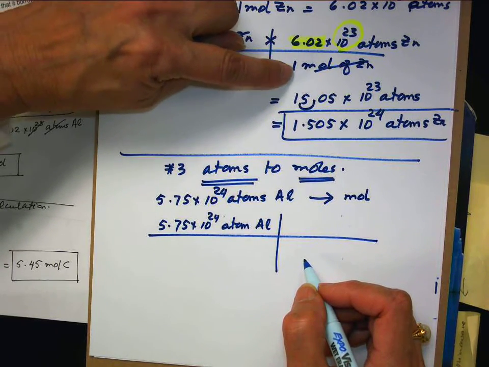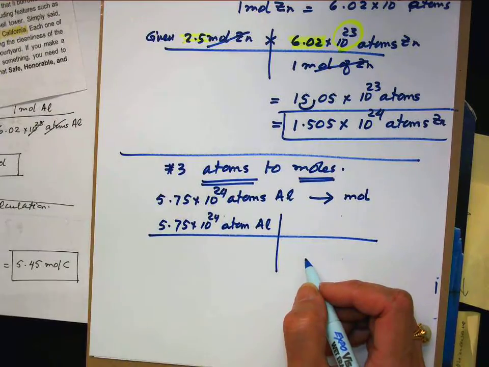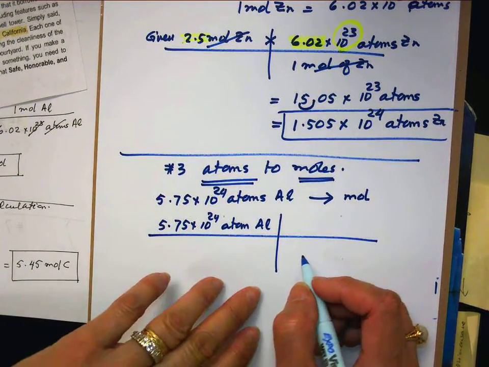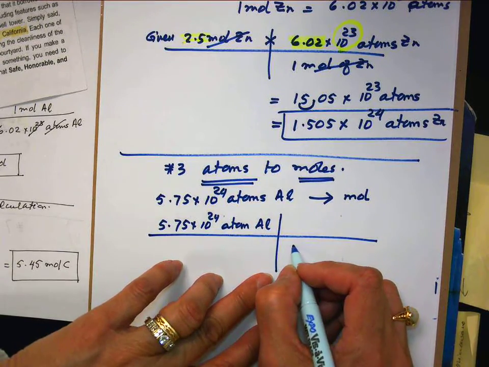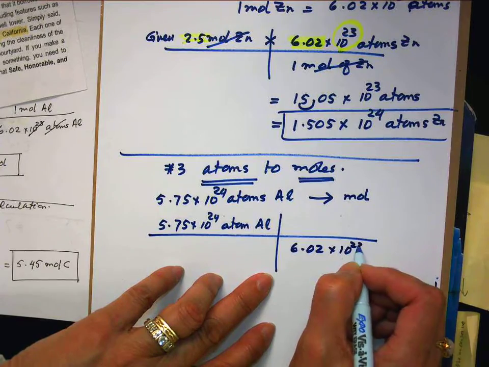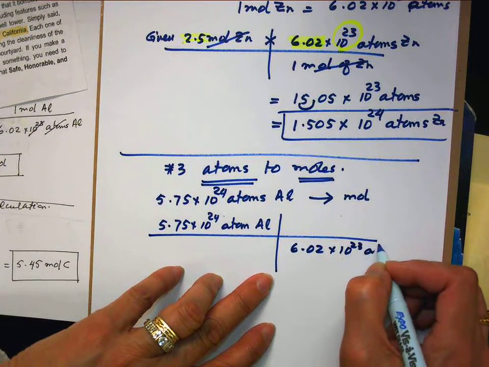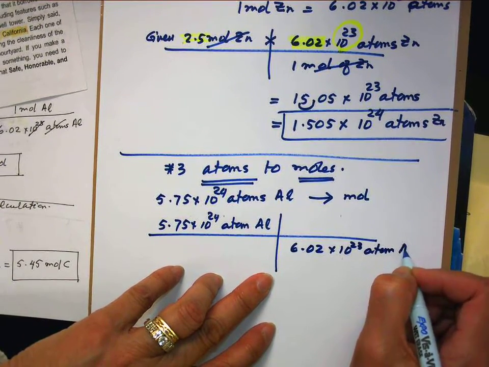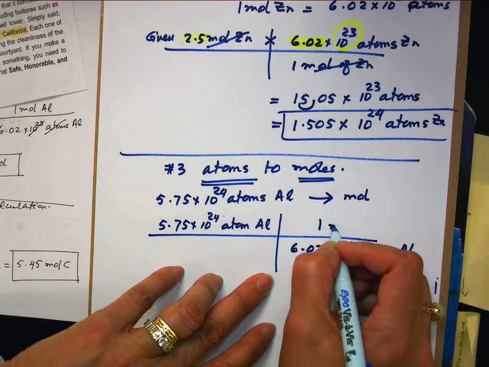The conversion is 1 mole is 6.02 for anything. All right. 6.02 at the bottom. 6.02 times 10 to the 23 atoms of aluminum is 1 mole of aluminum.